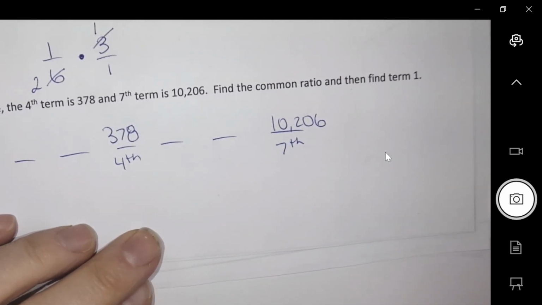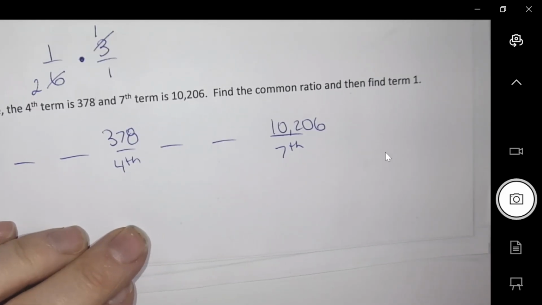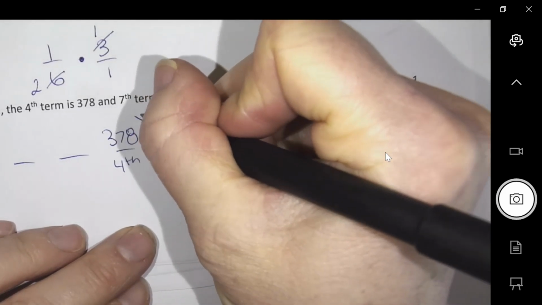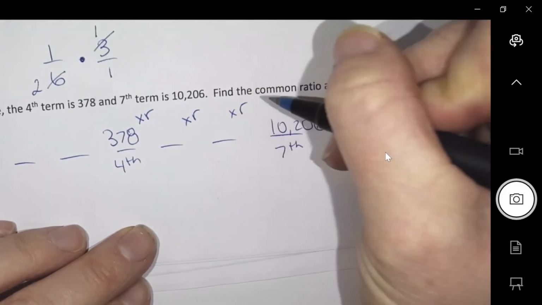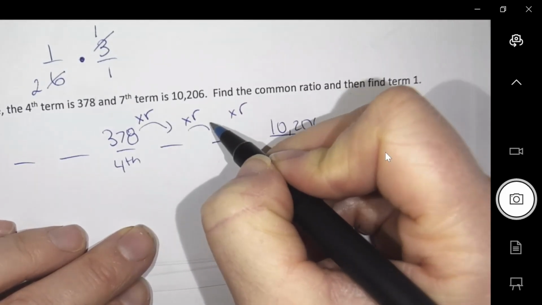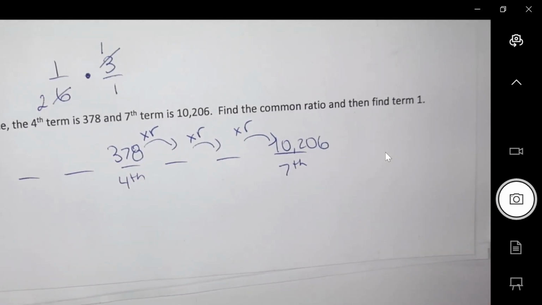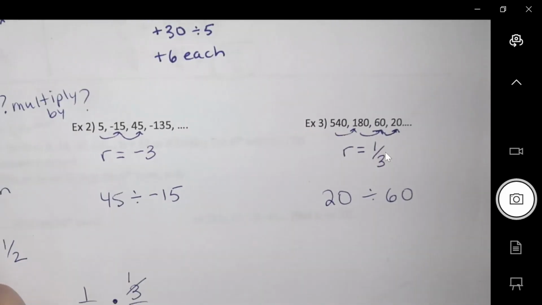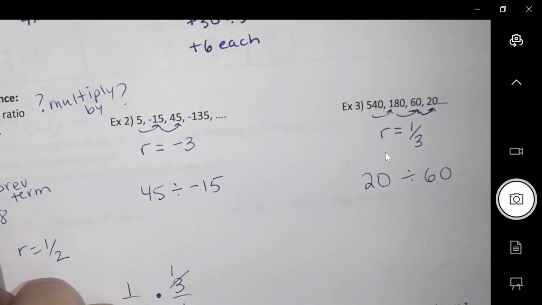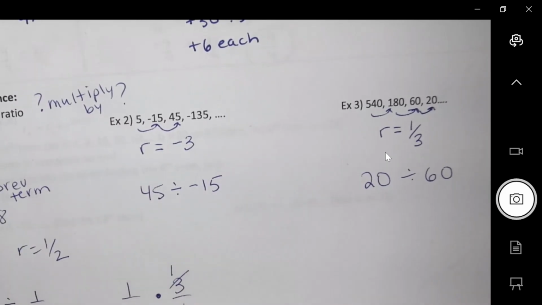This is a geometric sequence, so that means I would have to times by an r, times this by r, times this by r, and I would get there. Does that make sense? Just like here, 4, and then I times by 2 and get there, times by 2 and get there, times by 2 and get there.